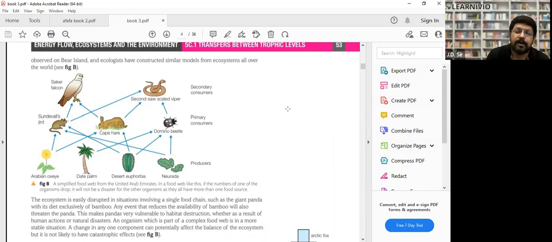Full stop. As much as the food web is complex, that much the ecosystem will be stable.